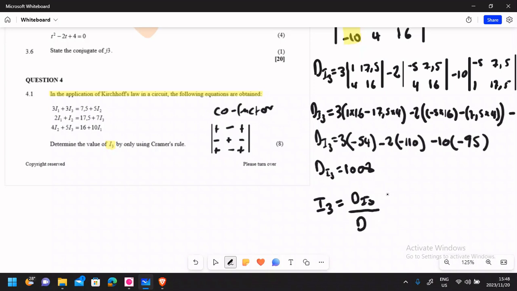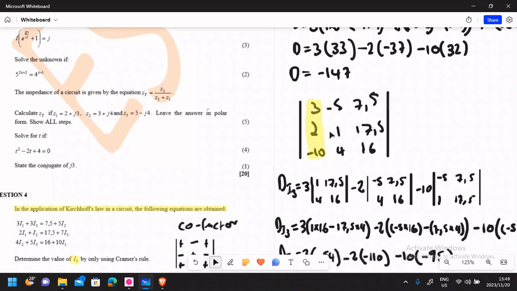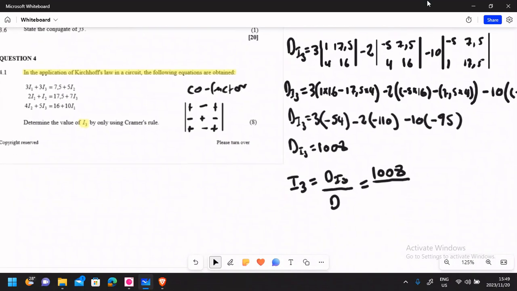Okay, so if you still remember, the determinant of I3 is this one here, which is 1008, divided by the determinant that we calculated earlier on. Let me just go up so that you can see it. This one here. And when you divide, don't forget that this determinant is also negative, so it's negative 147.